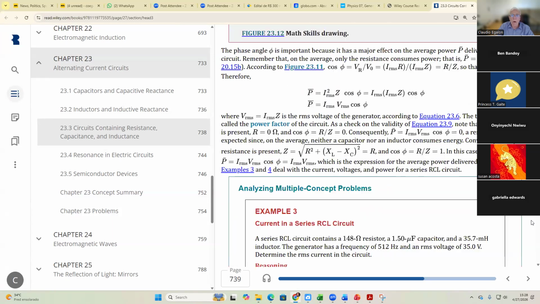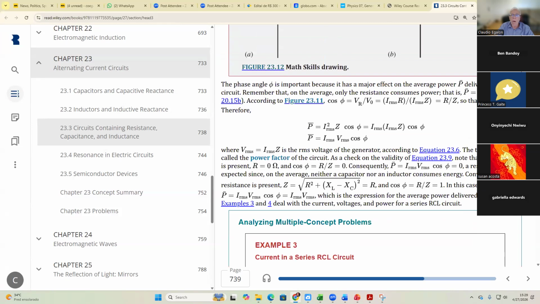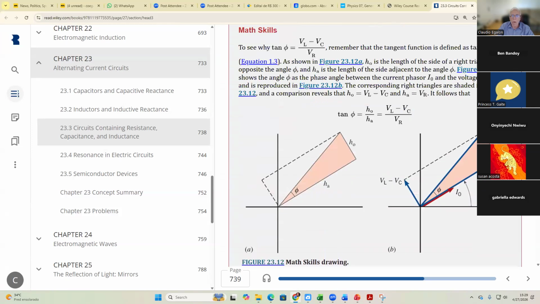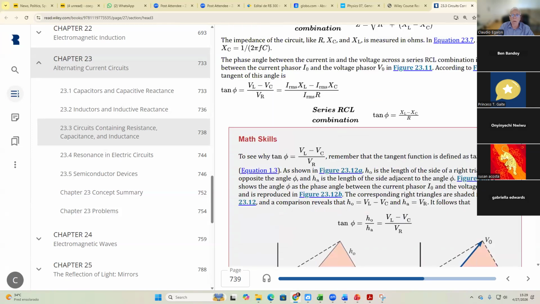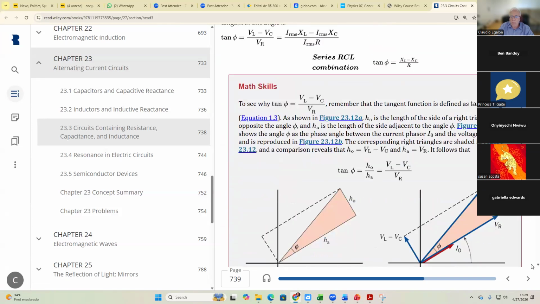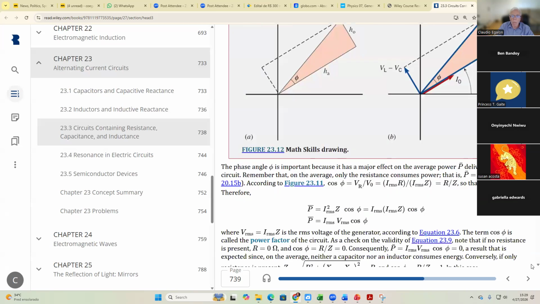Series. Yeah, here's the power. Let's see here. Series combination. Let's see once.